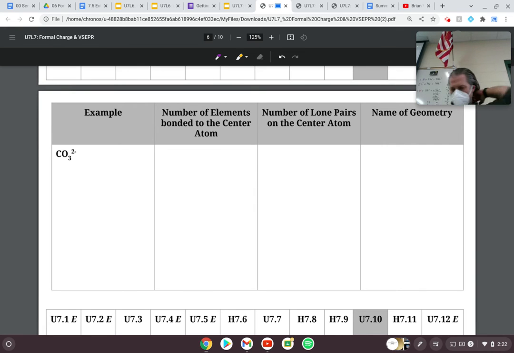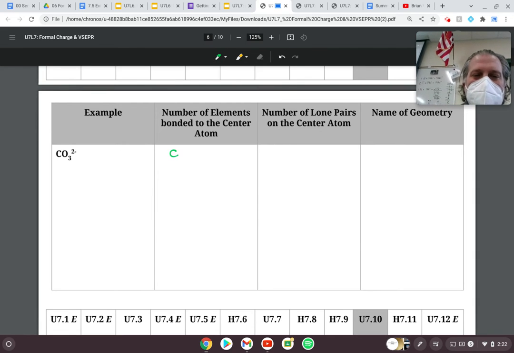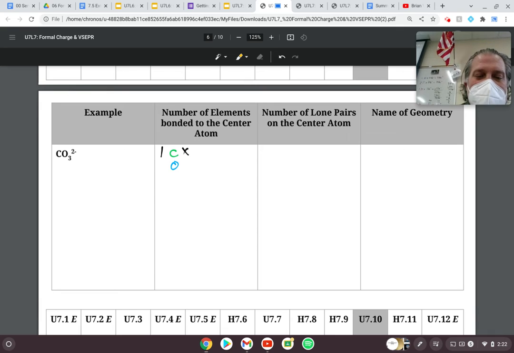Okay, so now we have a linear molecule. We got a couple of bent molecules. Now we need to get into some really important things. So in this next structure here, I have carbon and I have oxygen. I have 1 carbon atom times 4 valence electrons.